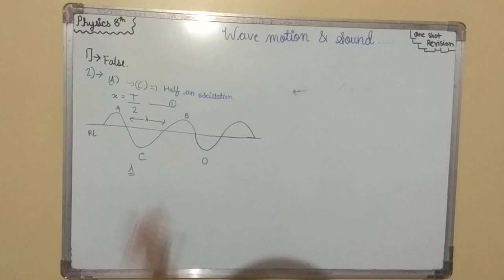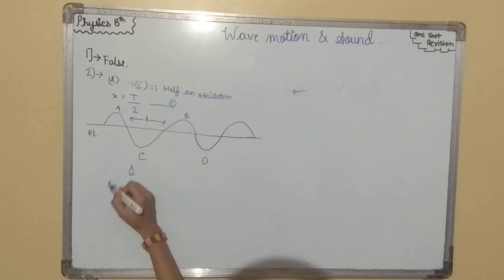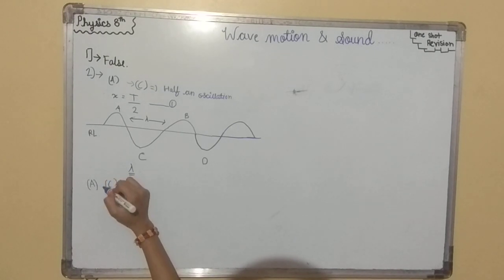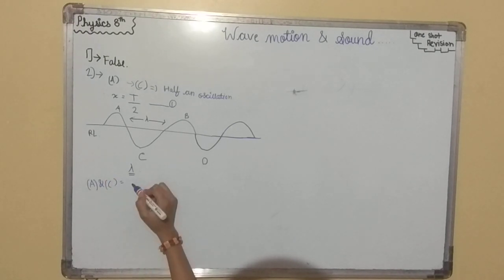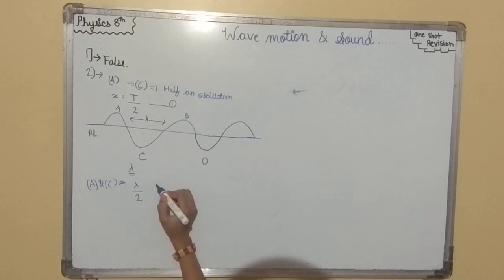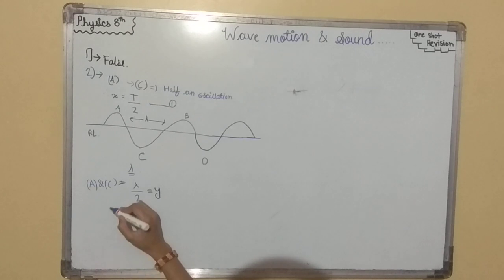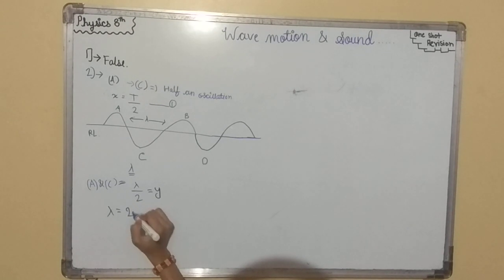Distance between A and the next trough C is equal to y, that is lambda upon 2 is equal to y. This is given. So lambda is equal to 2y.